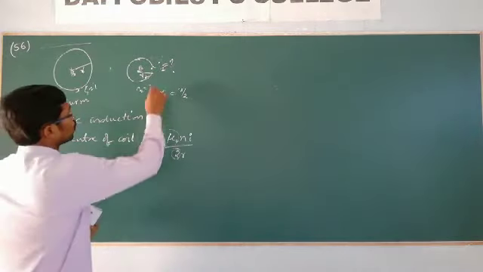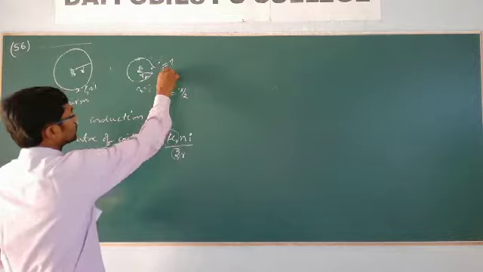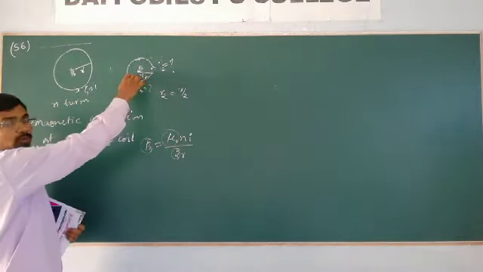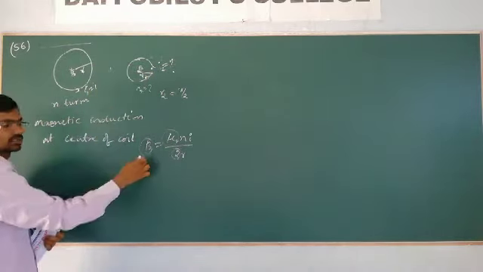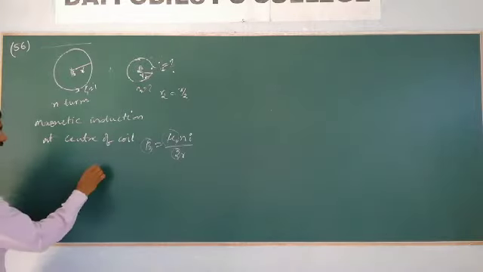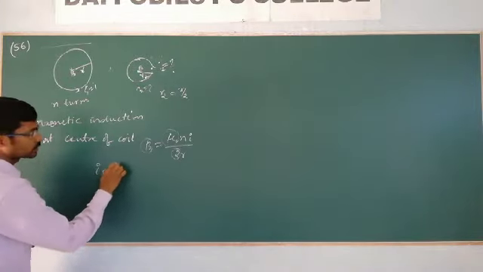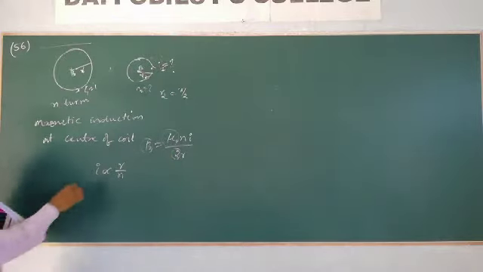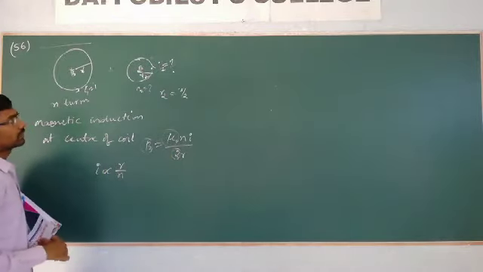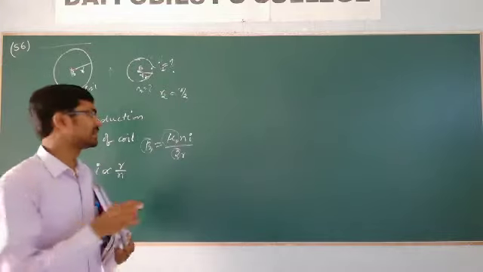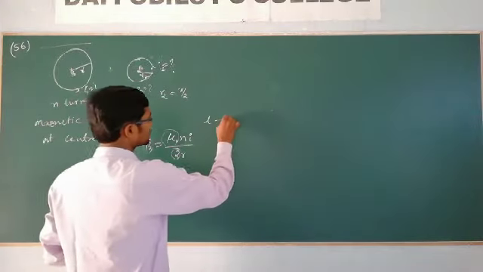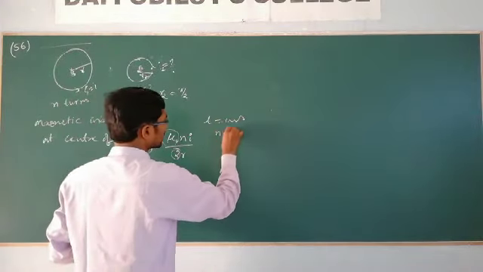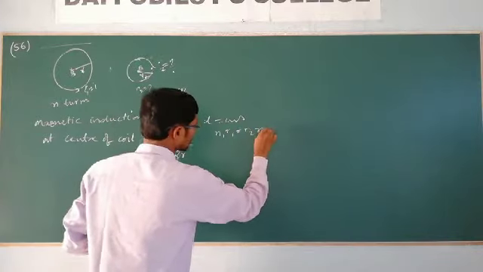Now, what current should be passed through this loop to have the same magnetic field? Let me write here: B is directly proportional to N I by R, so I is directly proportional to R by N. But remember, the length of the coil remains the same. Length remains the same, so what you can write is N1 R1 is equal to N2 R2.